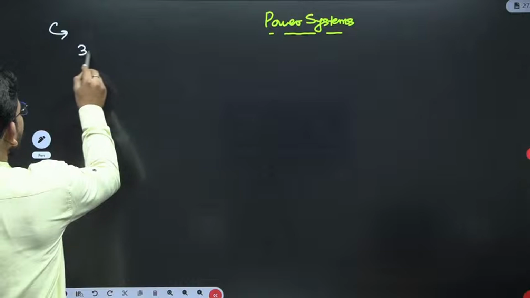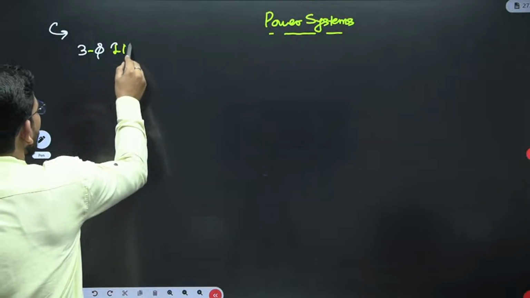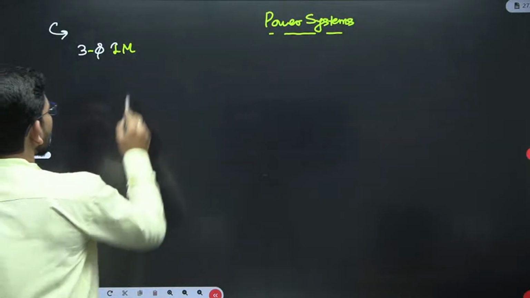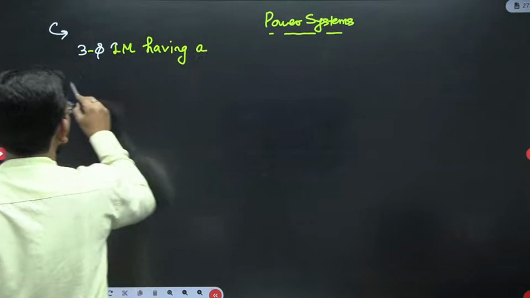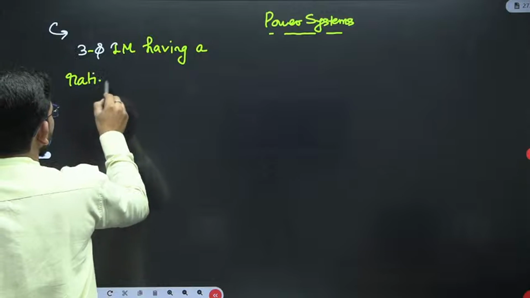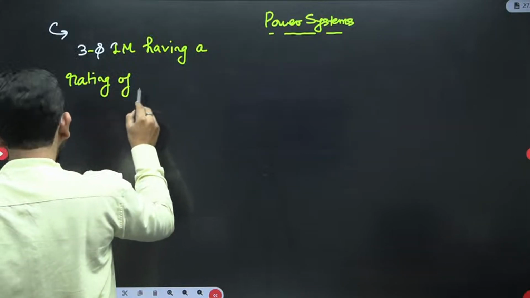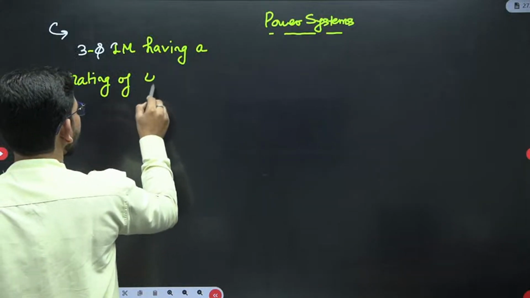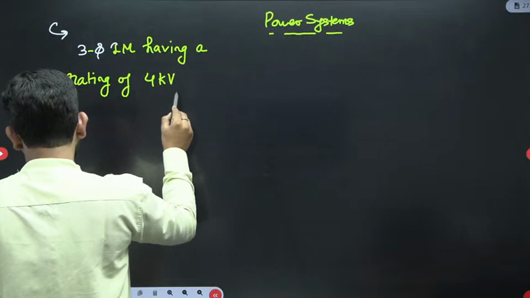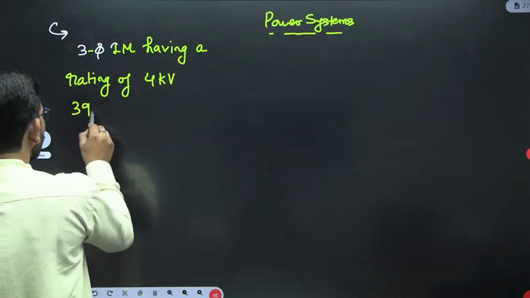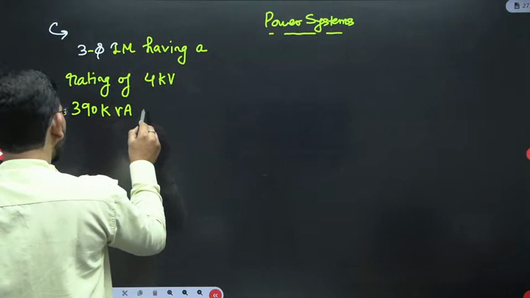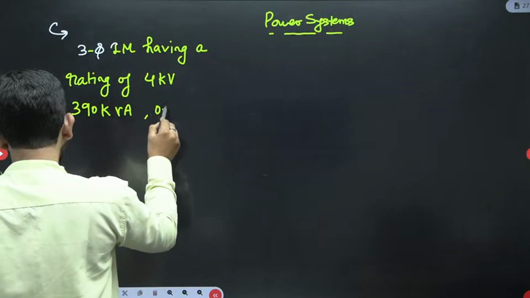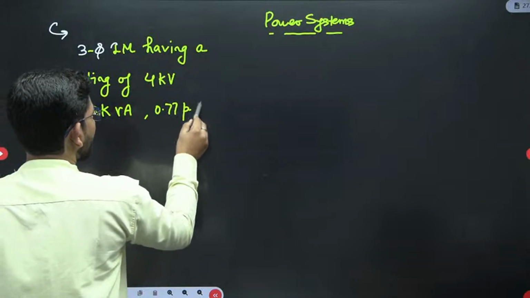What has been given is that a 3-phase induction motor has a rating of 4 kV, 390 kVA, and is operating at 0.77 power factor.